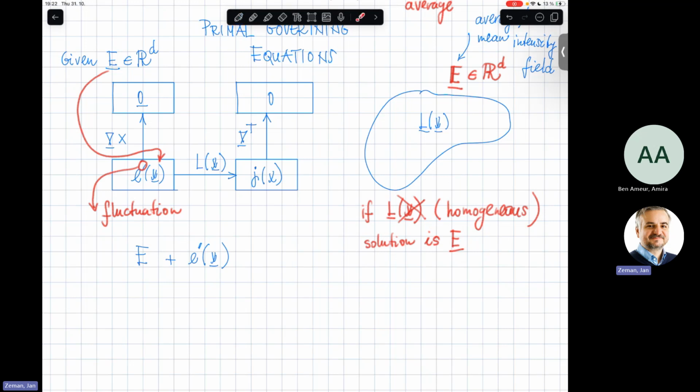This gives me the full intensity or gradient, if you wish. You multiply this by the coefficient L of X, you compute the divergence, and this needs to give you 0. Okay?